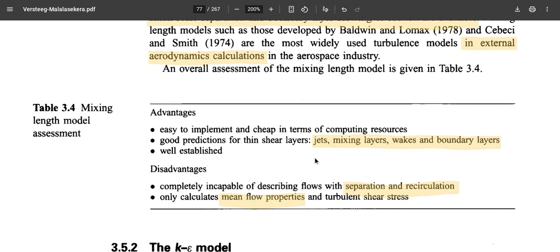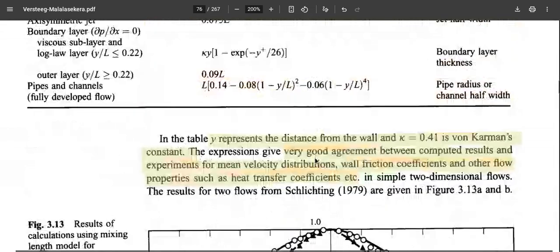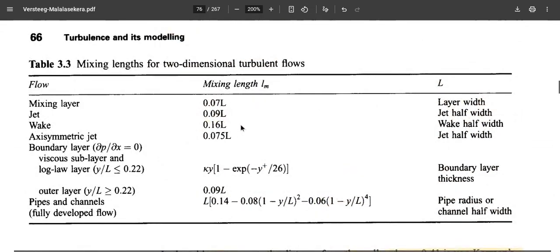Very important flows like jets, mixing layers, and boundary layers are well established theory because they have empirical constants. People have conducted various experiments in the lab to approximate the best values. It has universal applicability and generality, since it only depends upon the characteristic length scale of the domain.